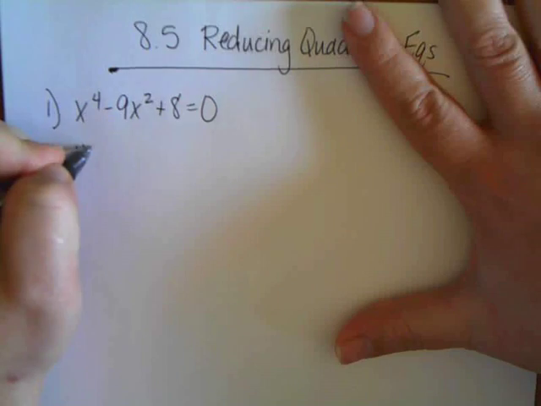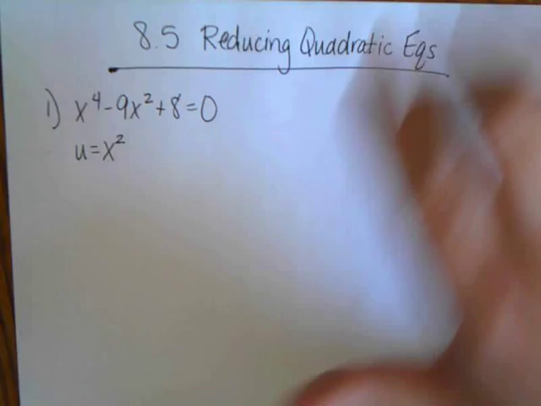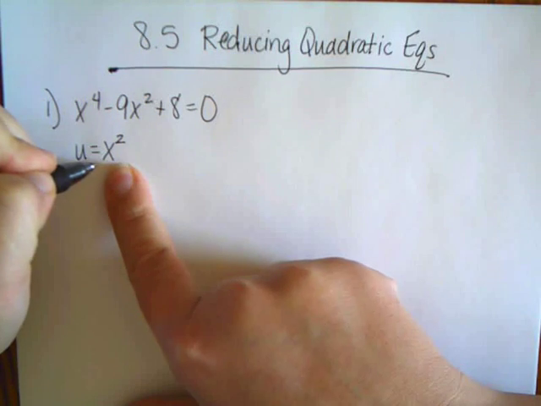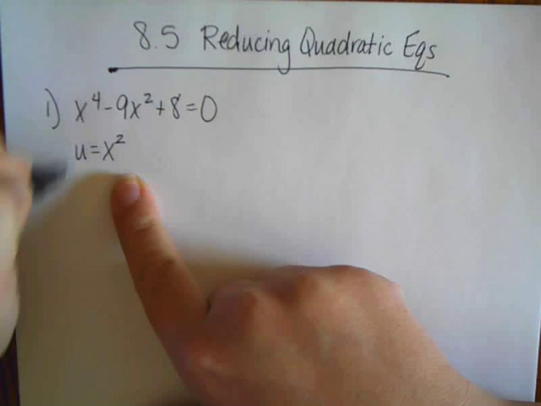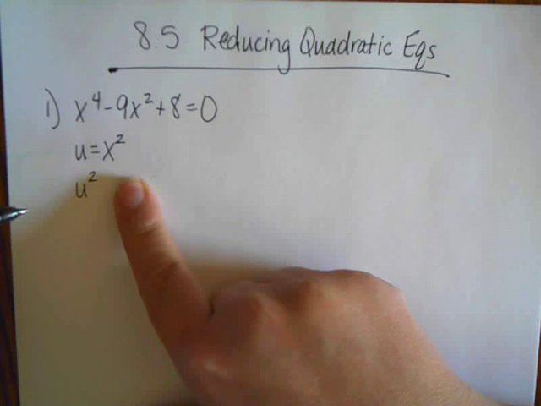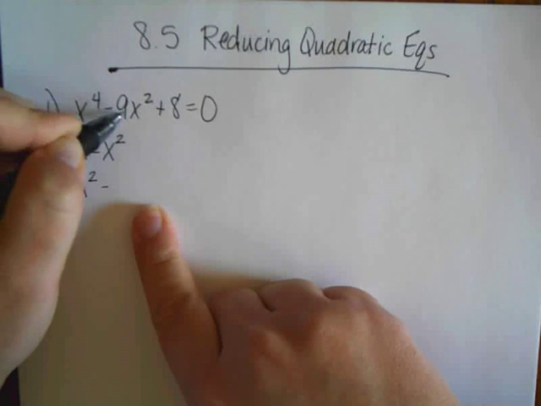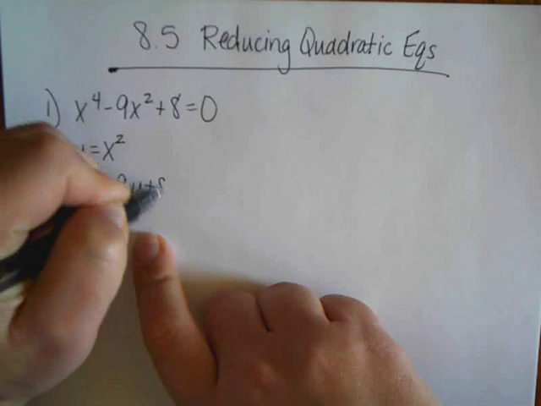And so if I say u equals x squared, then everywhere I see x squared, I can write u. So x to the fourth is x squared squared, so it's u squared, minus 9, and x squared is u, plus 8.